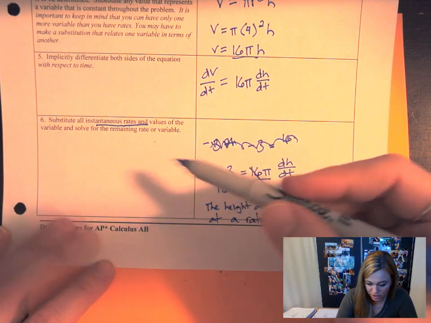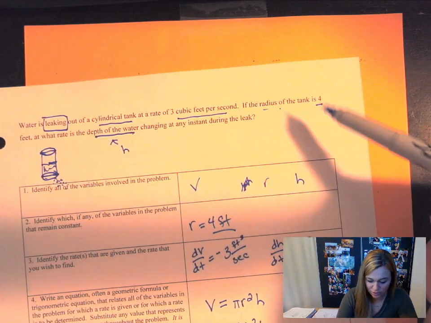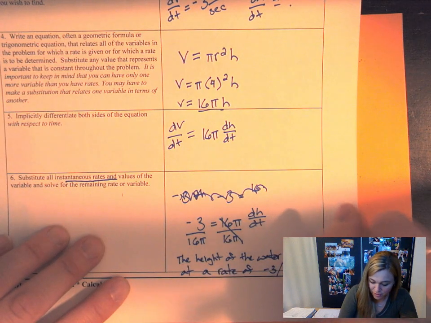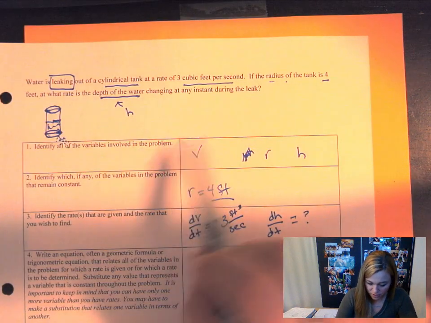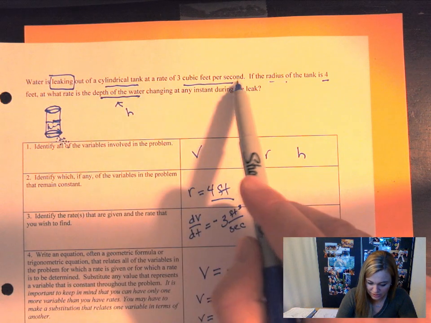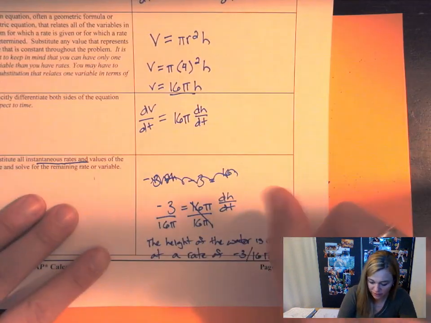So in this one, we're talking about height. Height would be measured in the same thing the radius would be measured in, which is feet. Feet per second, because we're talking about time in seconds.